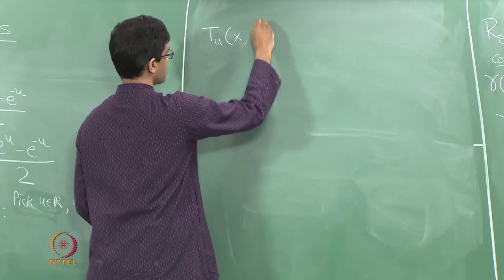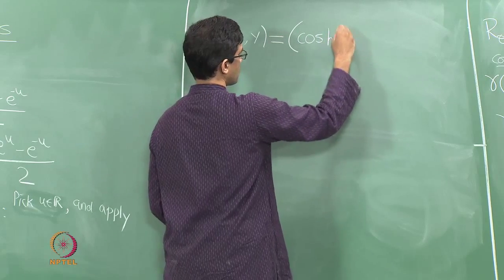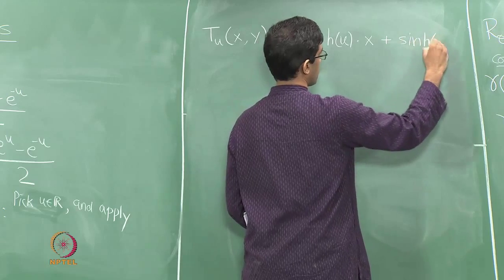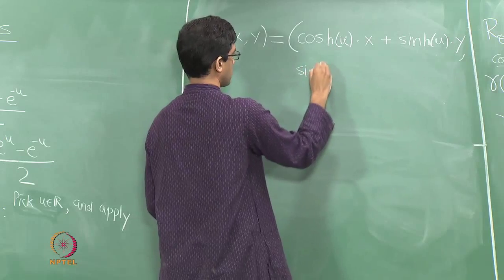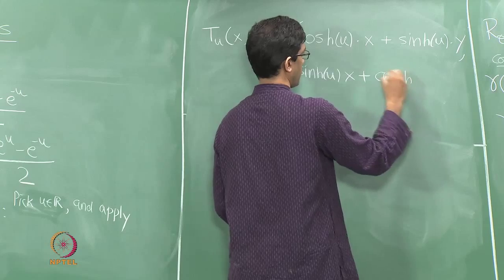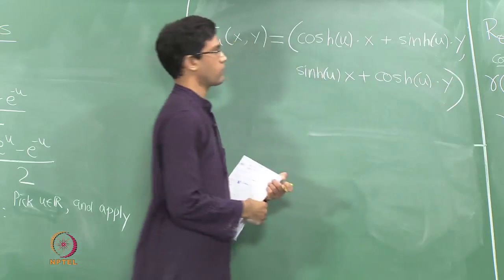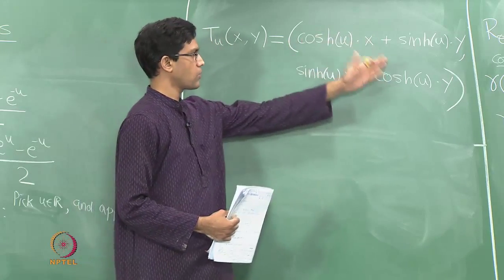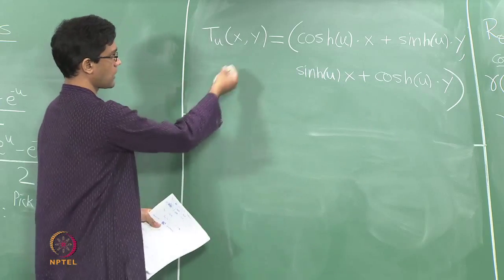It takes the point (x, y) to the following point: (cosh u times x plus sinh u times y, sinh u times x plus cosh u times y). It's almost like the earlier one where we had cosine, minus sine, sine and cosine. Here it's just cosh, sinh, sinh, cosh. Okay, so this is the allowed transformation.